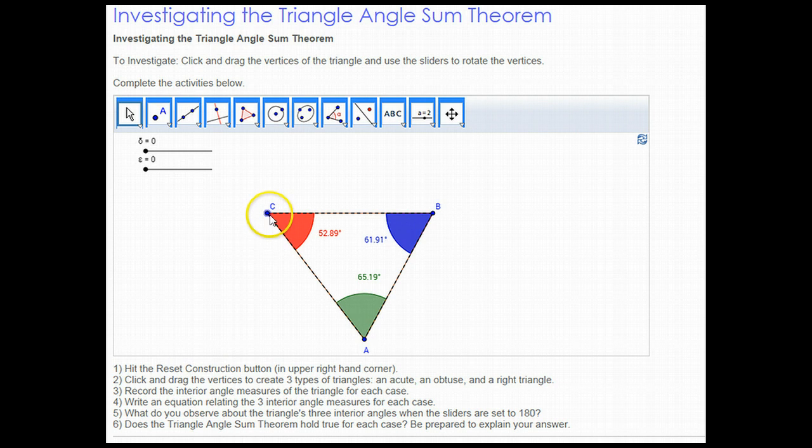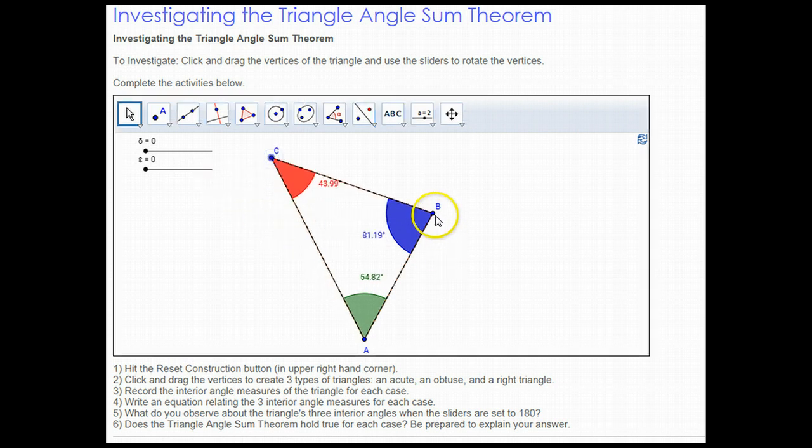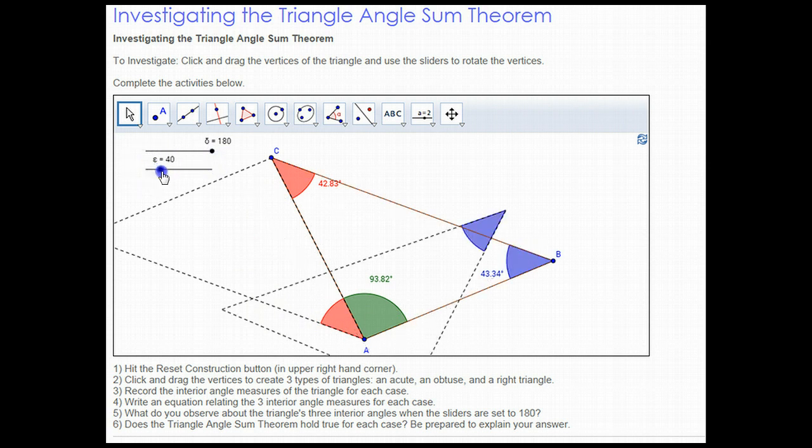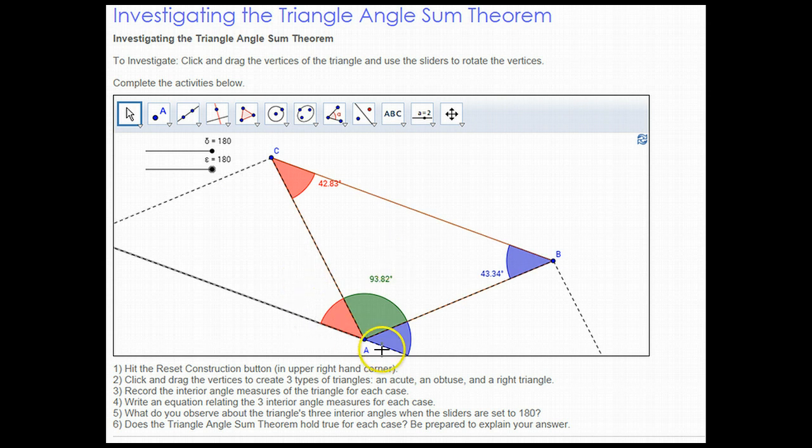What you would do is teach them to create any size triangle they like, and then once they use these sliders over here to the left, they can see how those angles are flipped and maneuvered so that it creates a straight line here. So those three angles do add up to make 180.